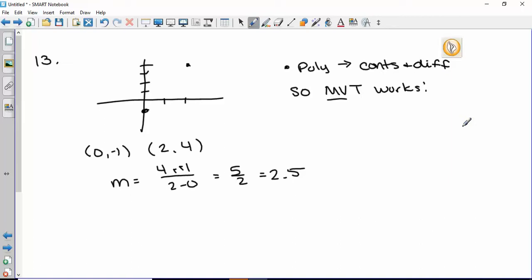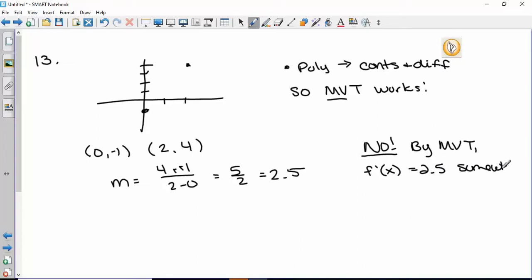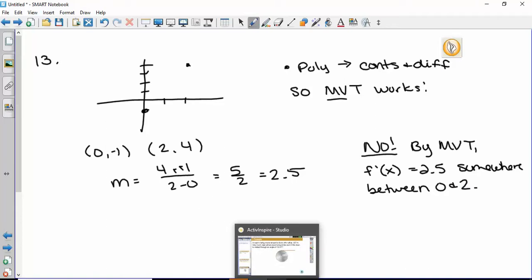So is it possible for the derivative to always be less than 2? No. It has to equal 2.5, so it's not possible to always be smaller than 2. Questions on that?